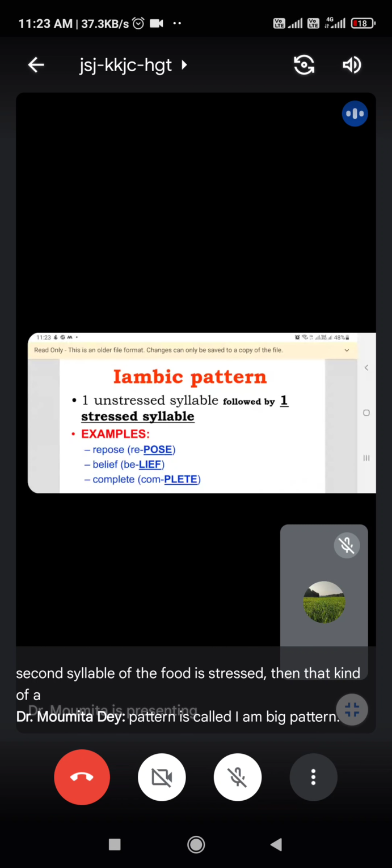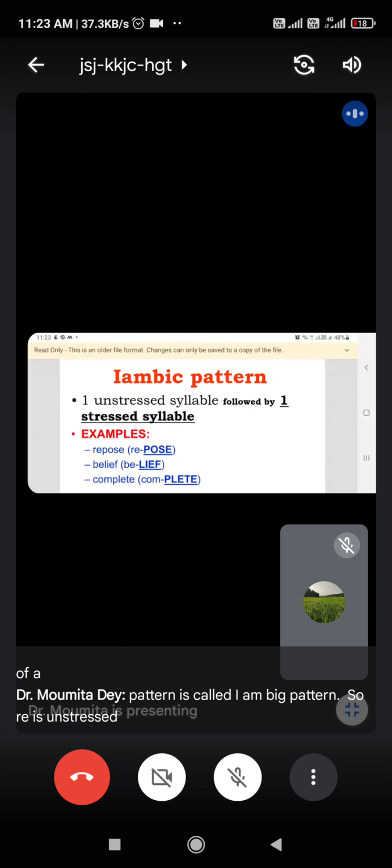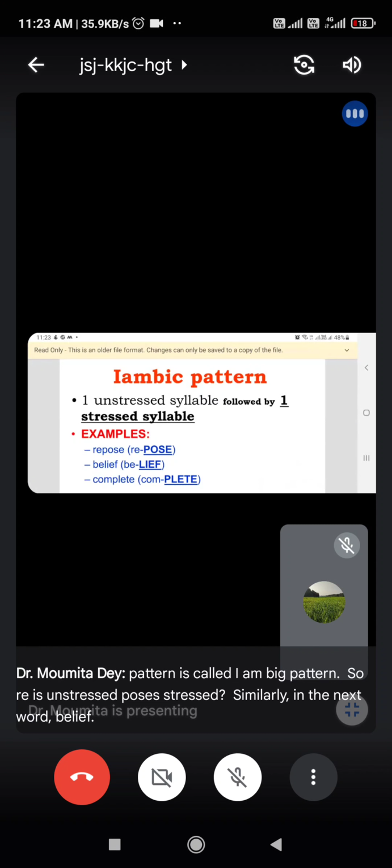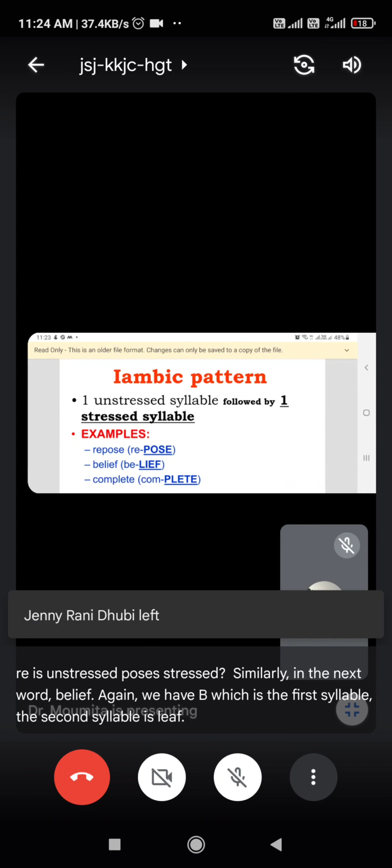So re is unstressed, pose is stressed. Similarly, in the next word, belief, we have be, which is the first syllable, and the second syllable is lief. So be is unstressed, lief is stressed.